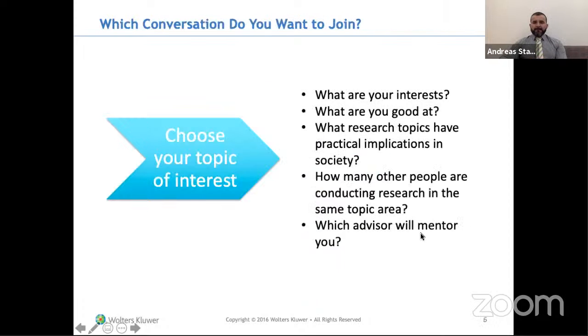So this is your topic, as I said. What do you like? What are you good at? What would be important to do research on in society? And sometimes when you are under a mentor, an advisor, and you're working in a lab, you'll most likely do something that is similar to their research agenda.